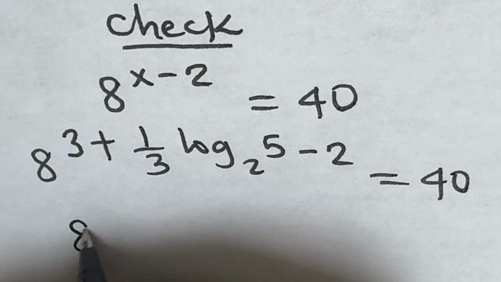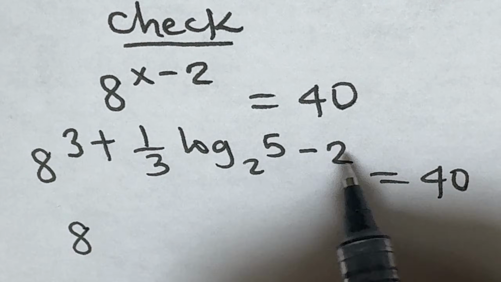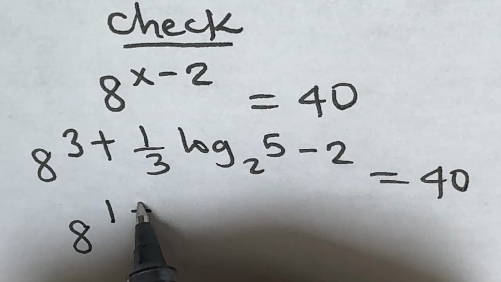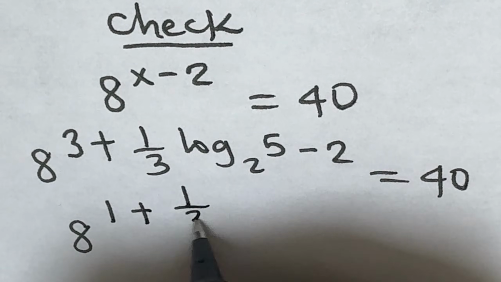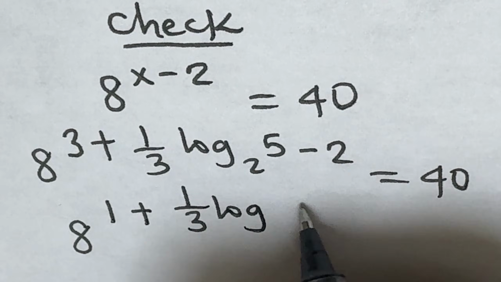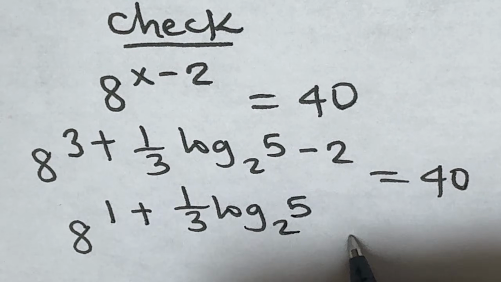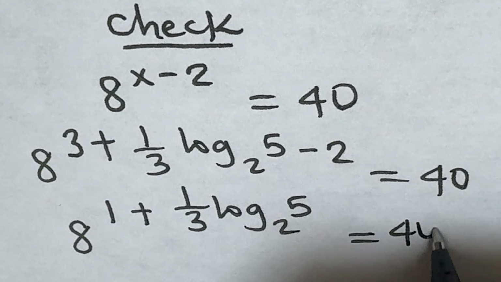So this is 8 raised to power 3 minus 2 is 1, then plus 1 over 3 log 5 base 2 is equal to 40.